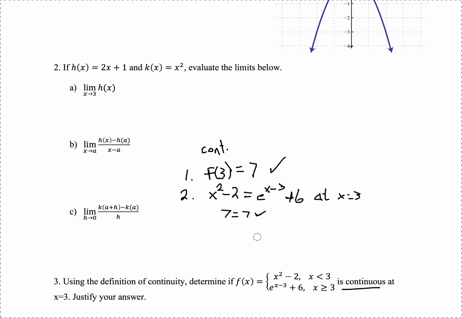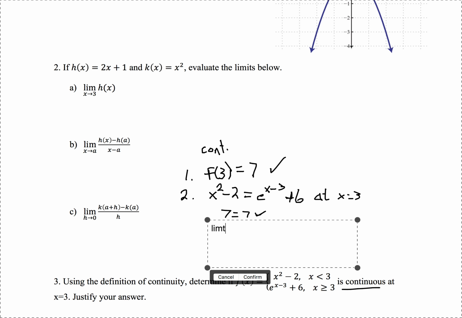All right. So we now know that the point exists, f of 3 equals 7. We now know that the limit exists. You would write this out in limit notation, but at the same time I'm going to type it so my computer can handle it.